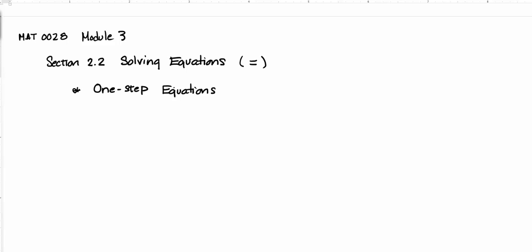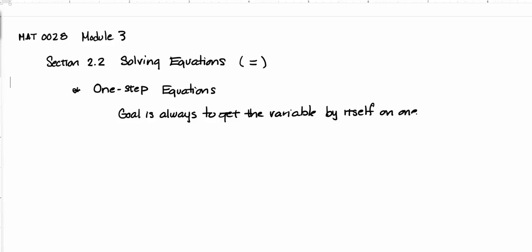Okay, so one-step equations. And the goal for solving any kind of equation is always to get the variable by itself on one side of the equal sign.